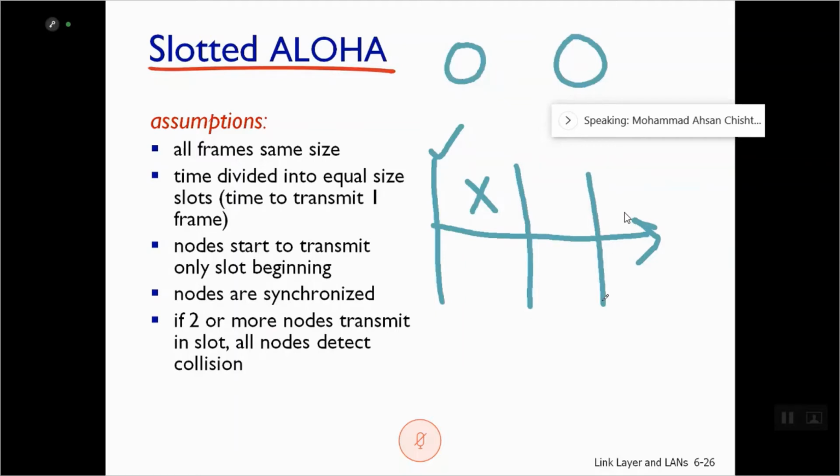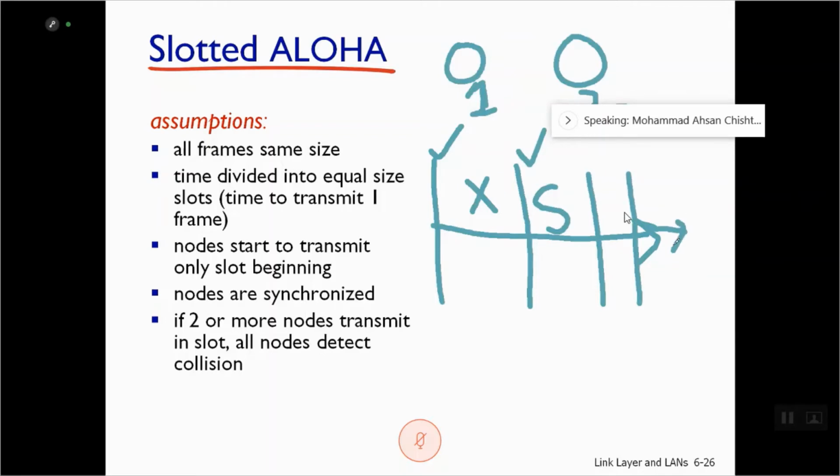In the next time frame, again with a probability between 0 and 1, node 1 can wait randomly till the next slot and node 2 decides, no, I will send now. In this, we have a successful slot, a successful transmission.